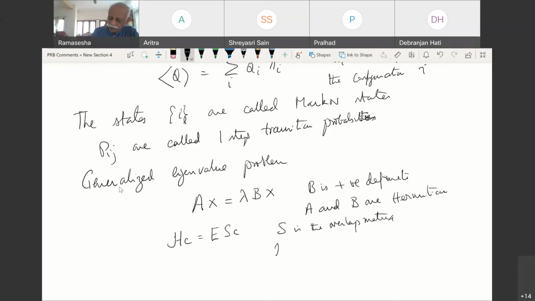So you come across these in quantum chemistry or any quantum mechanics when you want to calculate the eigenvalues of a given Hamiltonian. The Hamiltonian can be expressed as a matrix, and if you have non-orthogonal basis vectors, then S becomes an overlap matrix which is positive definite.